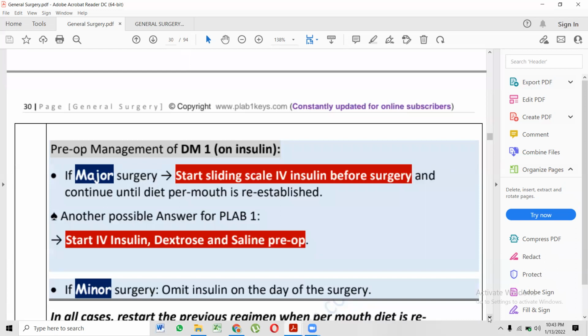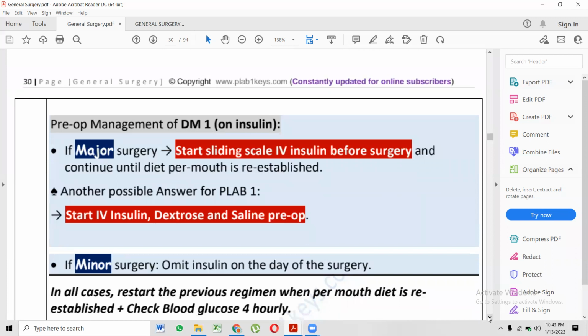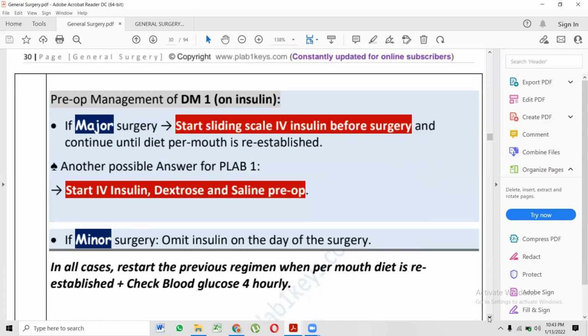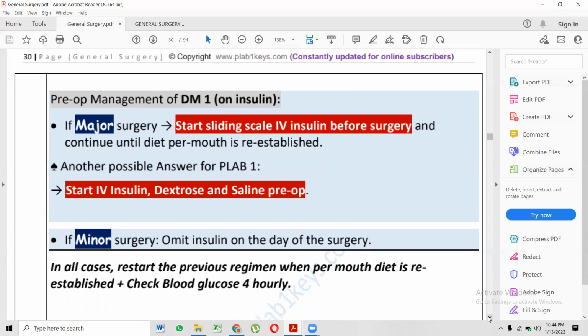And if it is a minor surgery and the patient is on insulin, then we need to omit the insulin on the day of the surgery. In all the cases, whether the patient is on oral hypoglycemic or insulin, the previous regimen will be restarted whenever diet per mouth is re-established.